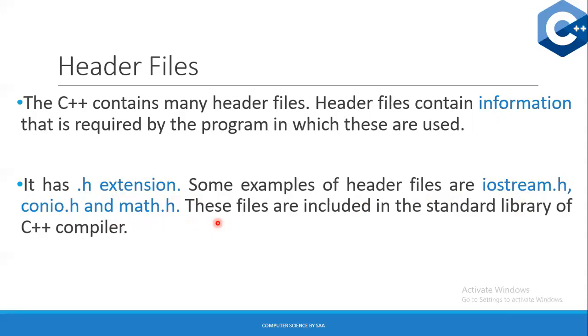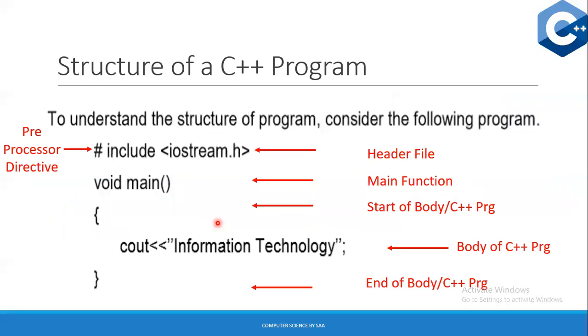There are some basic functions or statements that we use in our computer program, and those statements or functions reside inside the header files. For example, in the previous program, we have used the word cout.